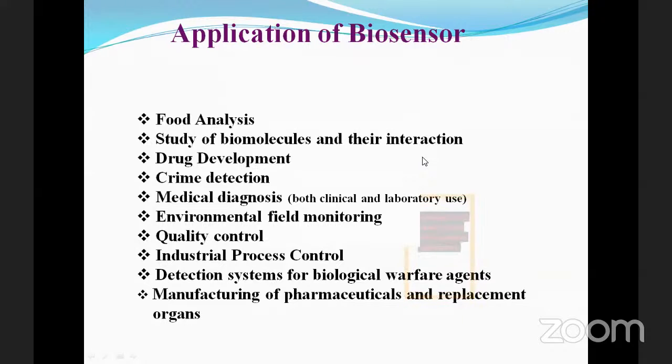Biosensors are used for medical diagnosis and for environmental quality monitoring, pollution in water and air. They also play a vital role in industrial processes to produce quality output products, and in the detection of biological warfare agents.